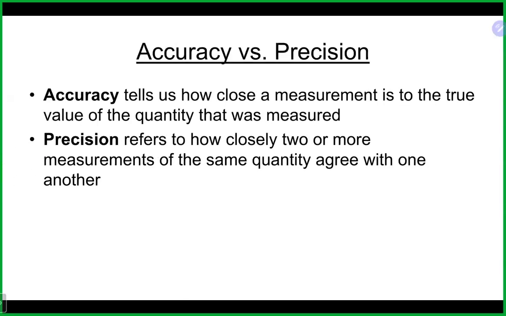So that brings up a good point of when we do take measurements, accuracy versus precision. Accuracy tells us how close a measurement is to the true value, while precision tells us how close a measurement is to a group of numbers.